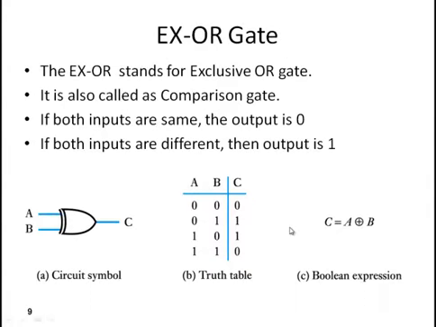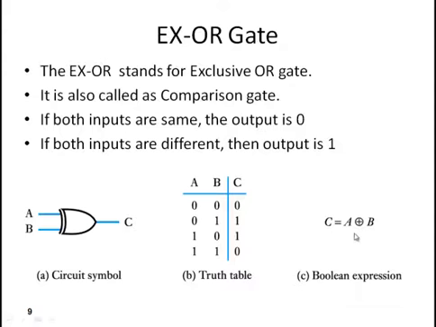Next, it is the XOR gate. XOR gate stands for exclusive OR gate. The gate which you earlier studied, that is a simple OR gate, is called the inclusive OR gate. This one is the exclusive OR gate. Its symbol is given here. This is the OR gate, this part, and marking this curve here makes it the XOR gate.